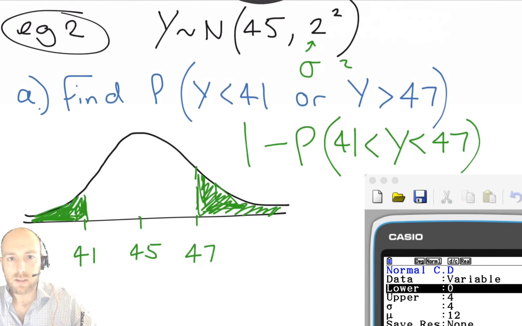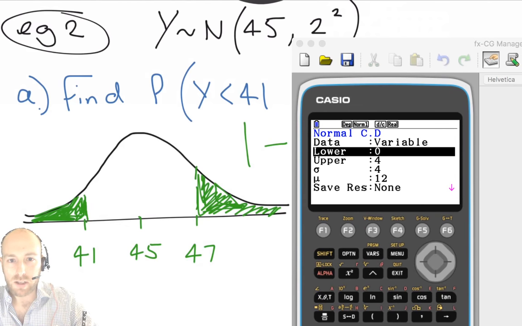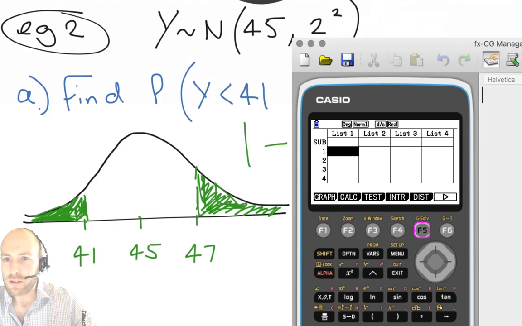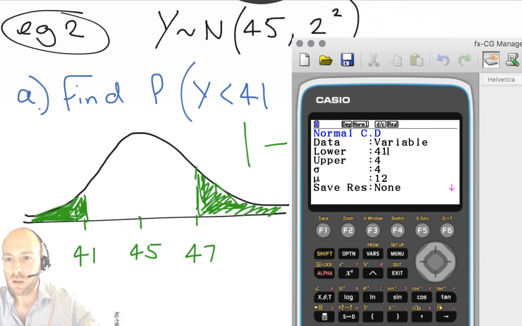So let's bring up the calculator. If we go back to distribution, normal distribution, NCD, our lower bound is 41 and our upper bound is going to be 47. So lower 41, upper 47.